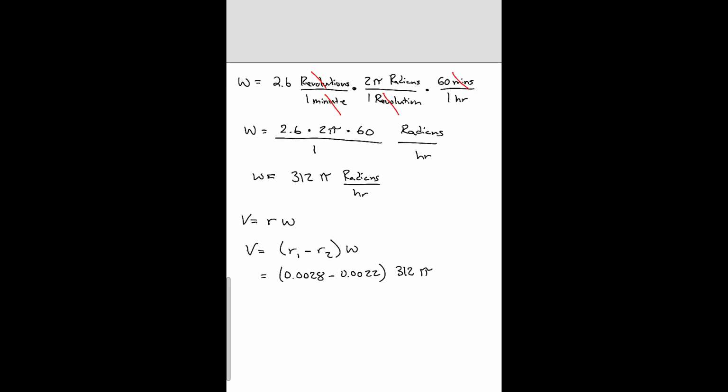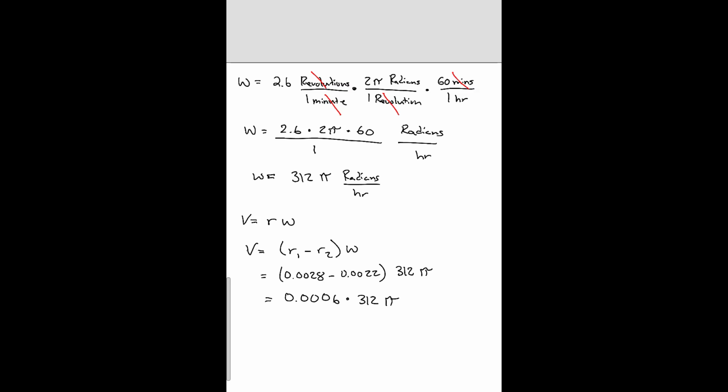So actually, let's work out the math, because the math is the most important thing. So 0.0028 minus 0.0022, of course, I'm just doing basic math, but I don't mind using the calculator, is 0.0006 times 312 pi.